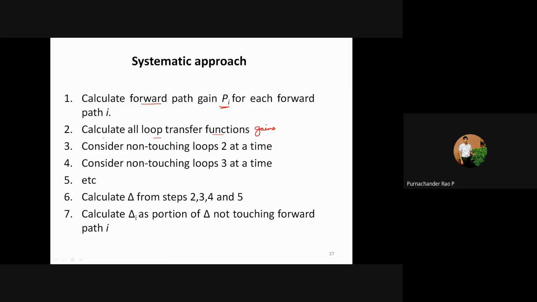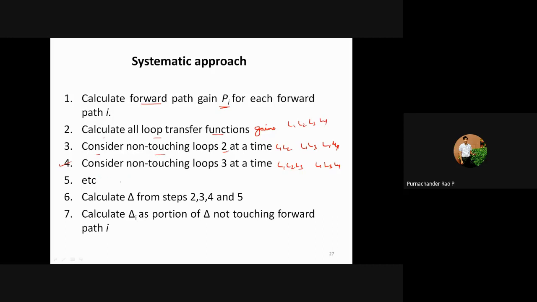Then consider two non-touching loops at a time, writing L1L2, L1L3, L1L4. Next consider three non-touching loops, like L1L2L3, L1L3L4, and so on, up to the maximum possibilities.